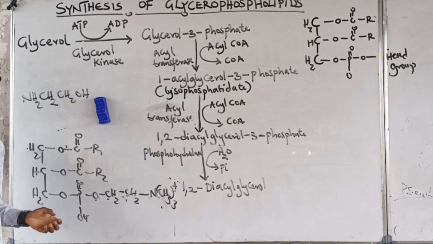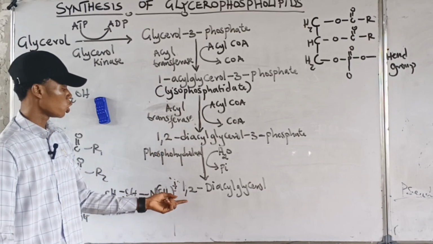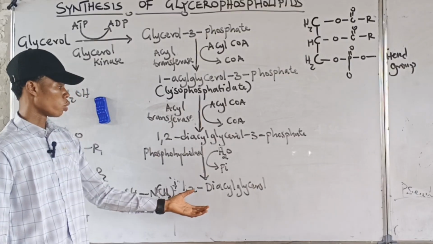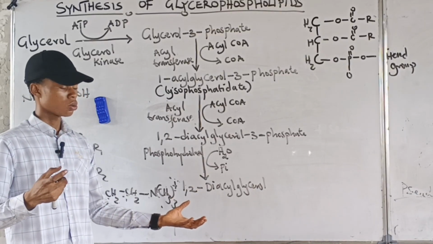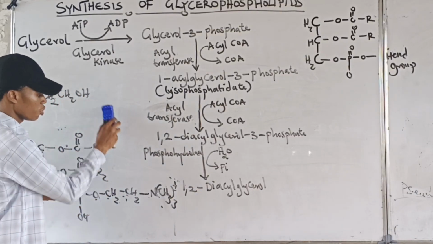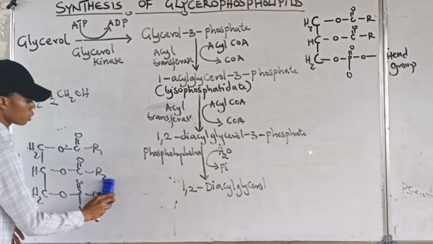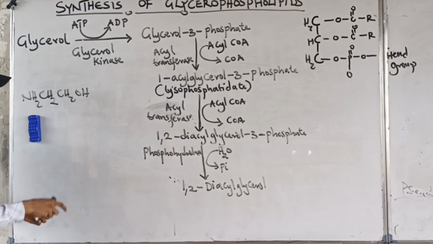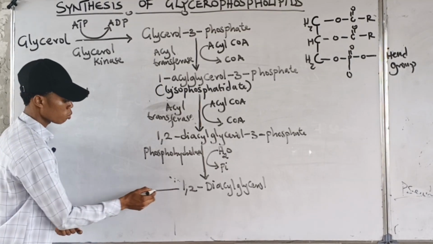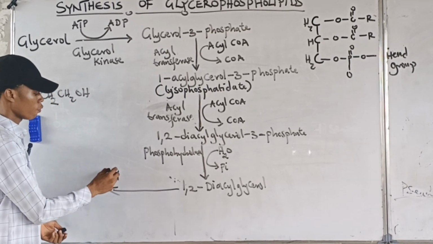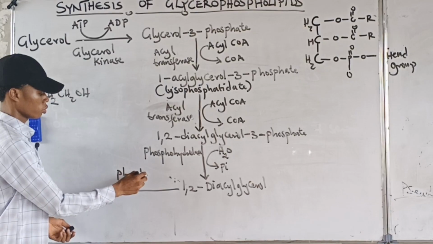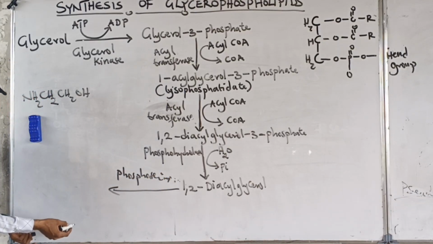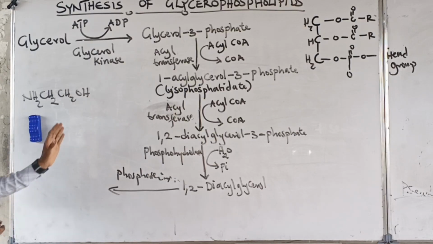So the bottom line of what I'm saying is, once you get to this point, 1,2-diacylglycerol, you can be adding your phospho. If you are not drawing the structure from here, if you want to synthesize phosphatidylserine, you can just come here. To keep things simple, you can just write phosphoserine. Then here you write phosphatidylserine, just like that, to keep things simple.